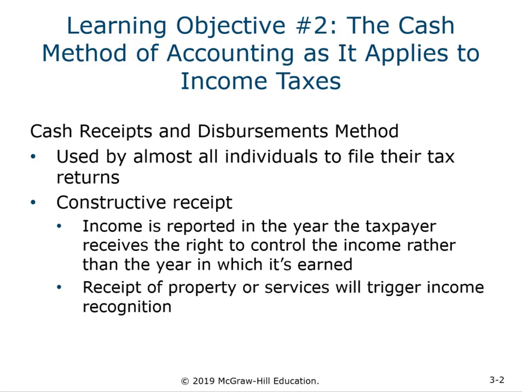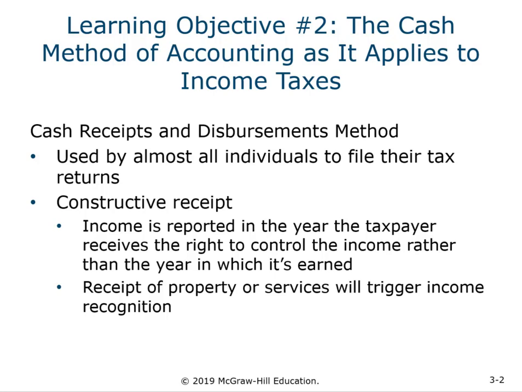We received the check, constructive receipt, but we decide not to put it in the bank, not to deposit it until next year. So we got the check on the 30th, and we decide to deposit it the next year. That does not postpone the income. The income is in the year we constructively received it because we were in control of that money. We could have deposited it right then.